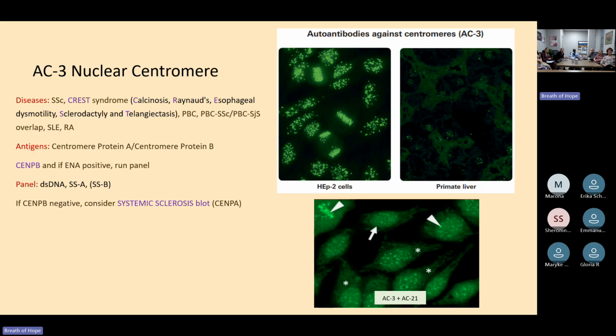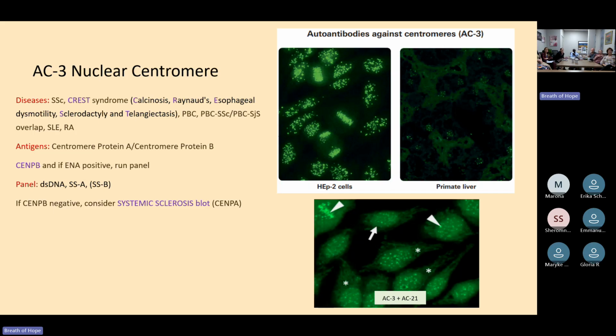All right, so what we're actually identifying here is centromere protein, and the one that's included in our panel is centromere protein B. In our lab, we do it even if the ENA is negative, because we have realized that the ENA screen is not very sensitive to this antibody. So we measure it anyway.